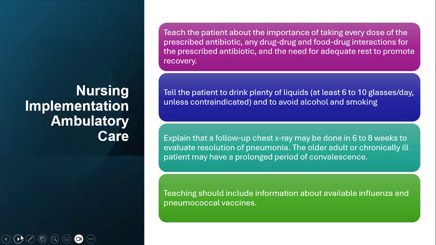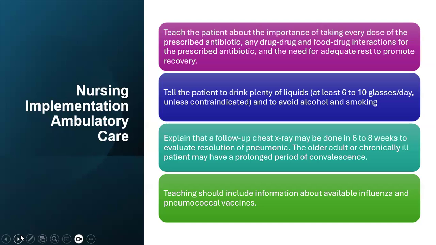The patient needs to finish all the antibiotics and do it based on the order. Please take special note of drug interactions, and they also need to be encouraged to get adequate rest to promote recovery. Also, you can tell the patient to drink plenty of fluids, at least 6 to 10 glasses per day, and avoid alcohol and also smoking.